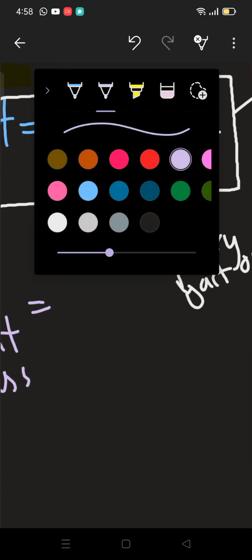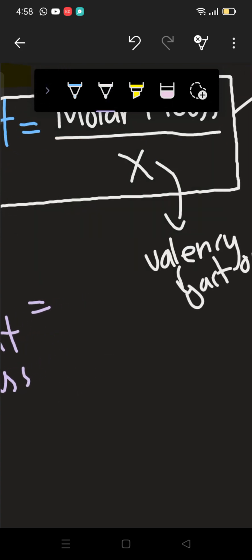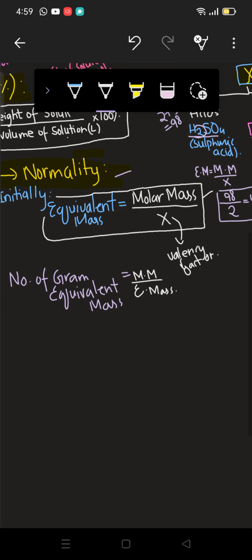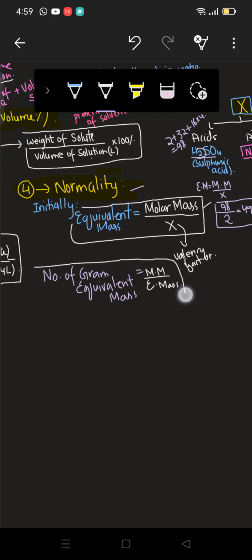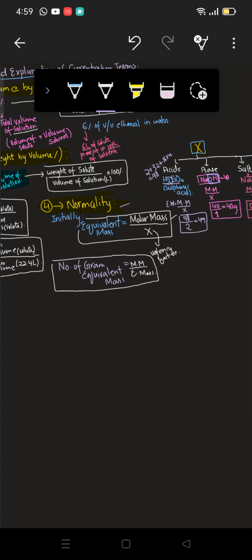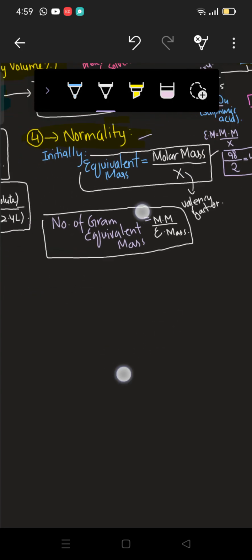The formula for finding the number of gram equivalent mass is molar mass divided by equivalent mass. And how do you find equivalent mass? Molar mass by valency factor X, right? Now what's the formula for finding the normality? Now we can actually find it, right?